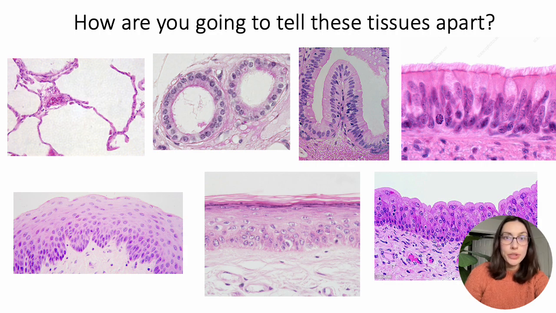So how will you be able to tell these different tissues apart when you're looking at them under the microscope? This is particularly important in lab, where you will have to look at these microscope slides and identify them with the name of a specific tissue type. So first of all, just to know that this is epithelial tissue, you're looking for empty spaces, right?